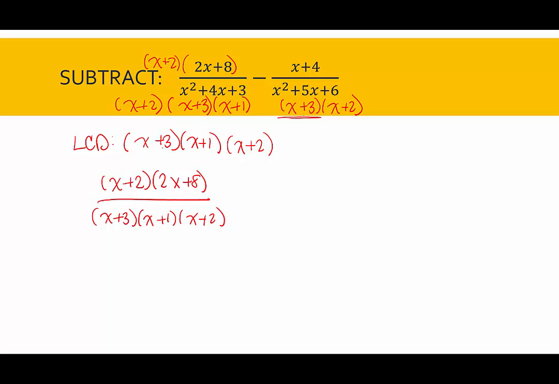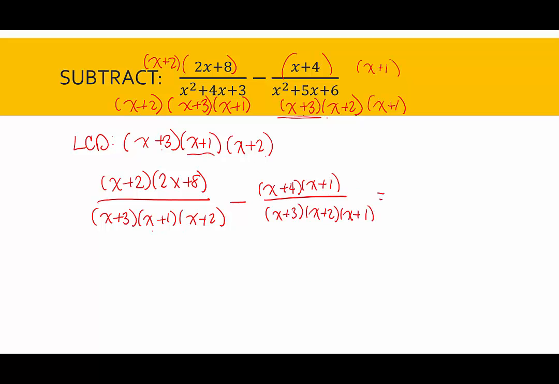Over here I have the x plus 3, I have the x plus 2, I'm missing the x plus 1. So I'm going to multiply by x plus 1 over x plus 1 to this second rational expression, giving me, let's bring that minus down, x plus 4 times x plus 1, all divided by that common denominator of x plus 3, x plus 2, and x plus 1.